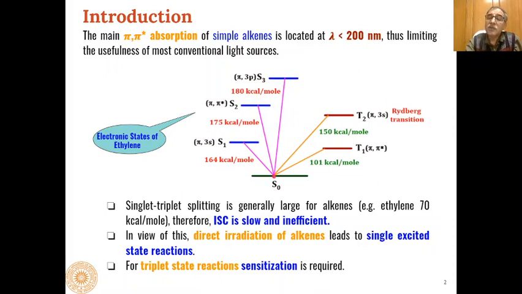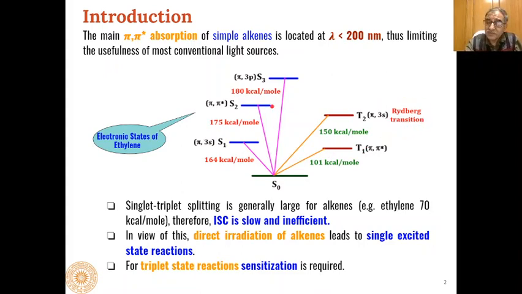Similarly, if through intersystem crossing the singlet states are converted into triplet states, then this much energy is required: 101 kilocalories per mole for T1, the first excited triplet state, and for the second excited triplet state we require 150 kilocalories per mole, and this transition is a Rydberg transition.